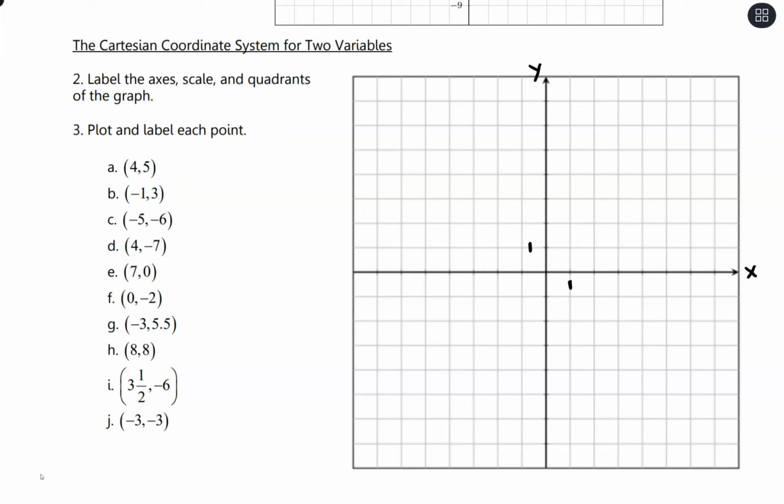So let's see, (4, 5), we will go to x equals positive 4, y equals positive 5.